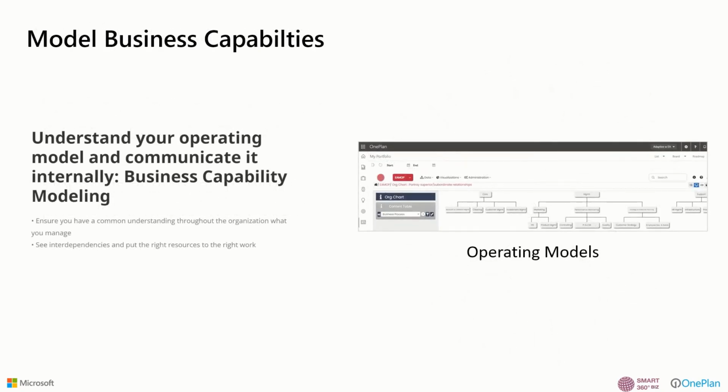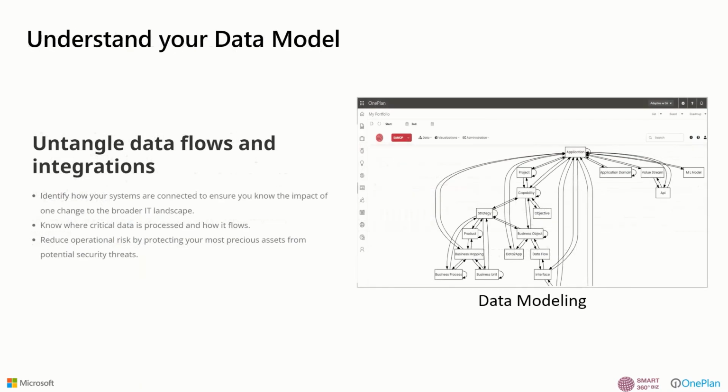So, the next one is understanding the operating model, and I've talked already about mapping or defining your capabilities and having the ability to understand the relationships, data modeling and data flow. In this case, we're looking at the meta model of an organization, application portfolio management, and I'll show it in a second.